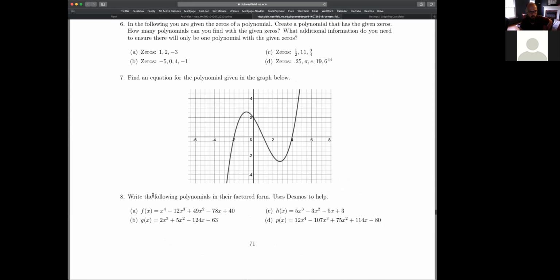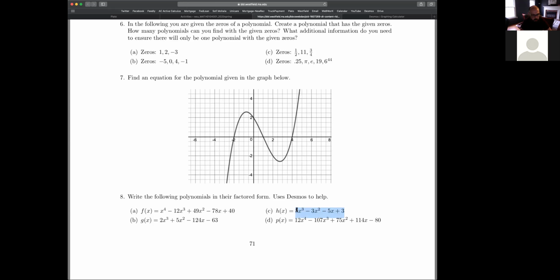And then down here, question 8, when I want to factor these things using Desmos, did you have a general procedure for going through that? What were you doing to factor these things? I just typed them into Desmos and then found the zeros.